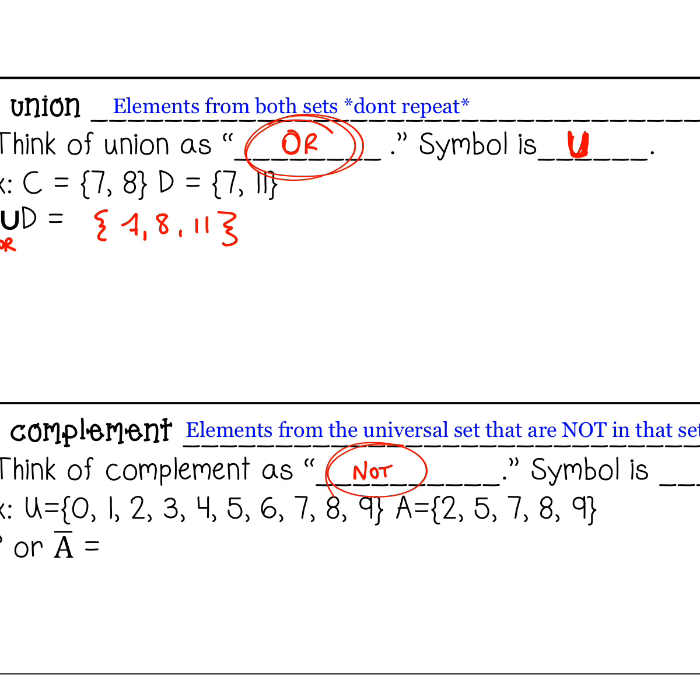Yes, so it's right here. Is 0 in A? No, so that would be in the complement. Is 1, 3, 4, and 6. So all of those numbers are in my universal set, but not in set A. So we got our A prime or A bar, either one.